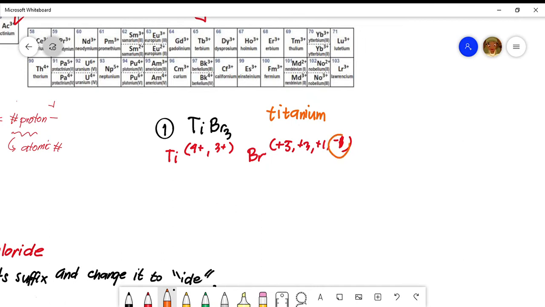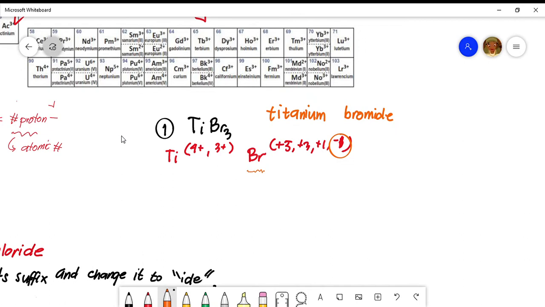Since we picked this one, it's an anion, so this will become bromide. Please don't be confused since there are polyatomic ions that are either bromite or bromate. This one is not a polyatomic ion. This is an ion.